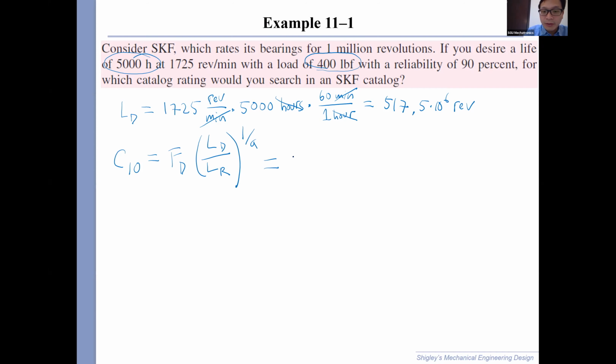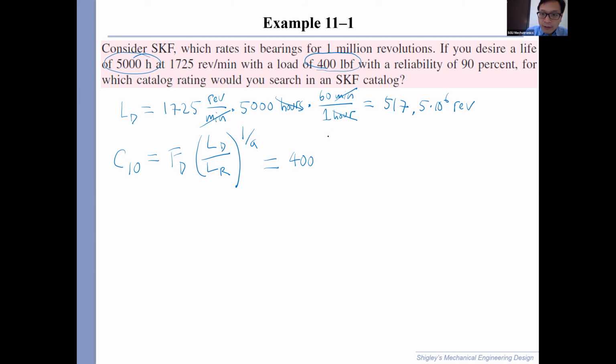We are loading it with, I don't know why we're using English units here, by the way, anyways, pounds. 1 kilogram is 2.2 pounds.